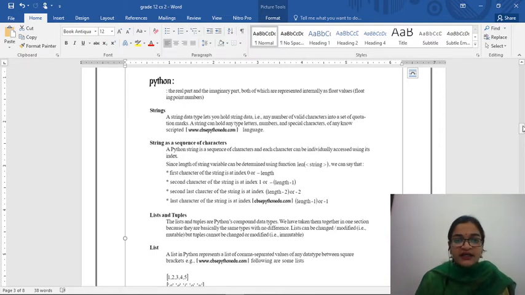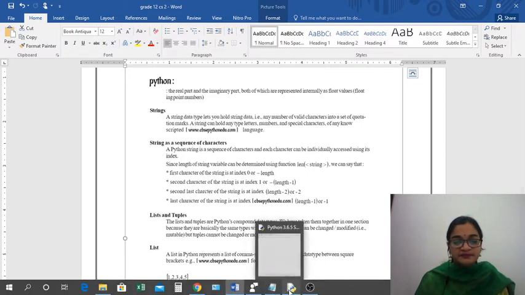And the first character is at index 0 or minus length. I hope you remember forward indexing and backward indexing. Forward indexing will always start with index 0, right? I'll just give an example.